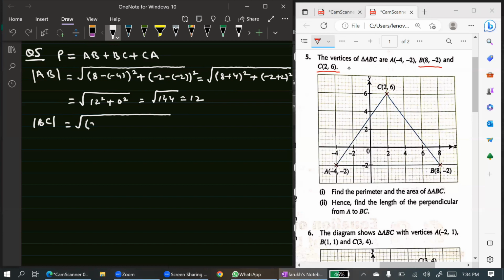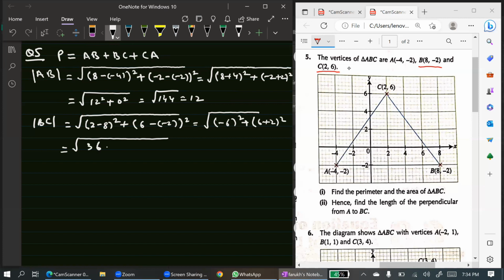So x2 minus x1 whole square plus y2 minus y1 whole square is equal to (-6) square plus (6 plus 2) whole square, 36 plus 8 square, 36 plus 64 is equal to 100, which is equal to 10.